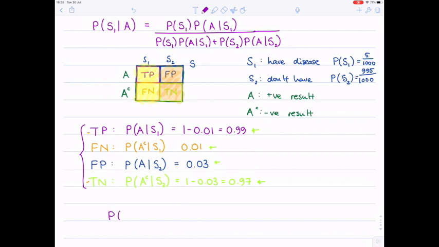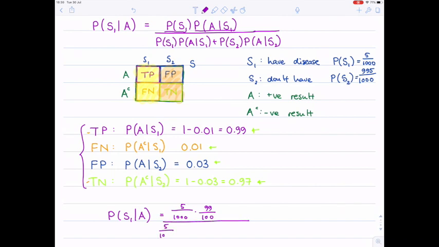So we've got the probability that you do actually have the disease, given that you got a positive test result, is going to be equal to the probability of having the disease, which we know is 5 out of 100,000, times the probability of getting a positive test result given that you have the disease. That's our 0.99, and I'm going to write this as 99 out of 100.